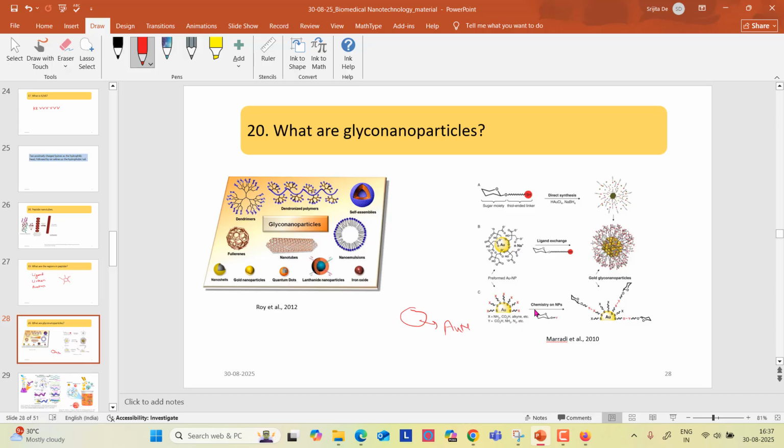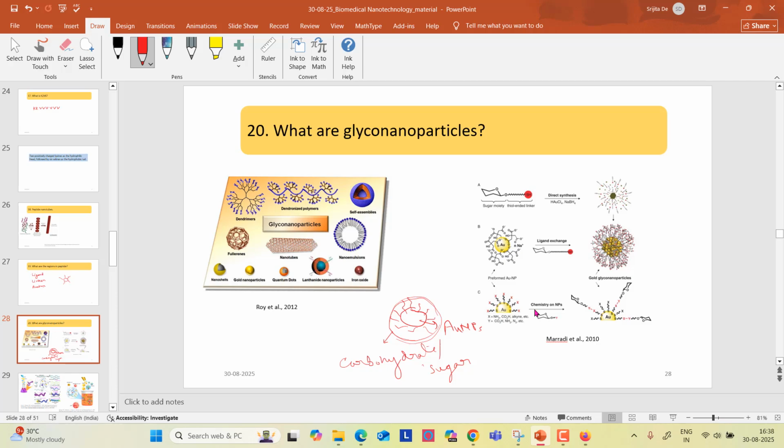Suppose I am writing AuNP, and it is coated with some kind of glucose. Glucose means any kind of starch or any kind of carbohydrate, you can say. That layer will be around the nanoparticle core. So this will be carbohydrate or sugar, you can also say sugar coating will be there. That is called glyconanoparticles.